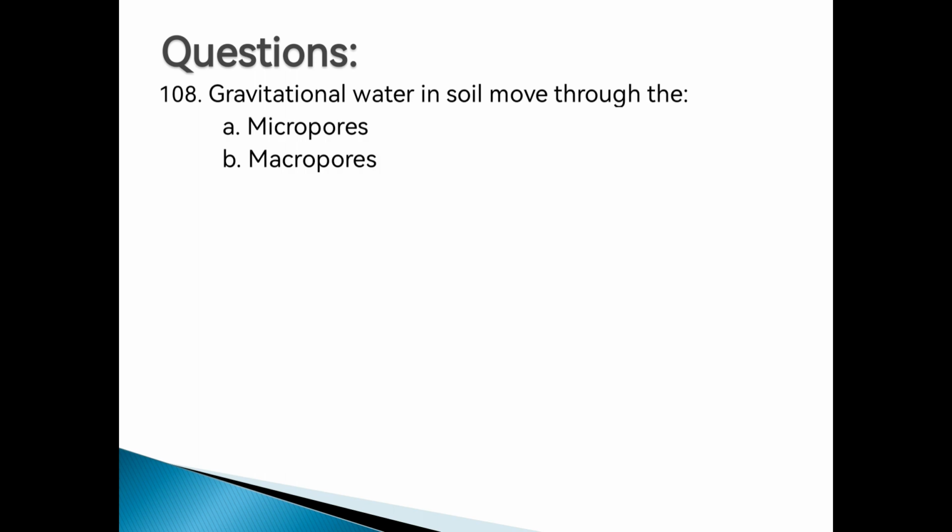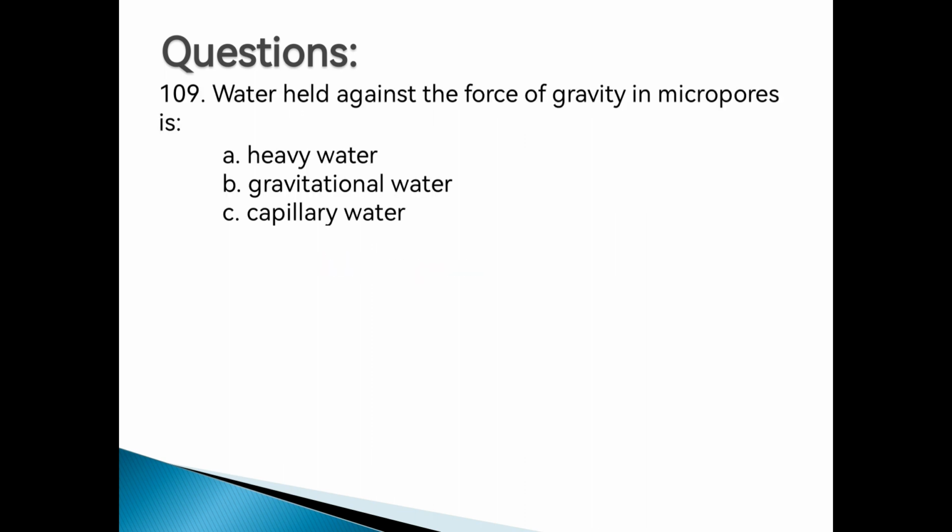Clay. 108. Gravitational water in soil moves through the A. micropores, B. macropores. The correct answer is B. macropores. Question 109. Water held against the force of gravity in micropores is A. heavy water, B. gravitational water, C. capillary water.